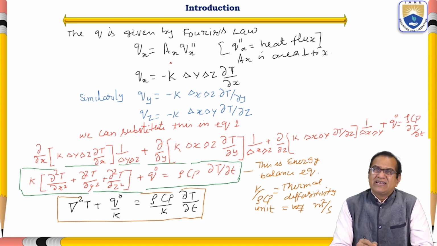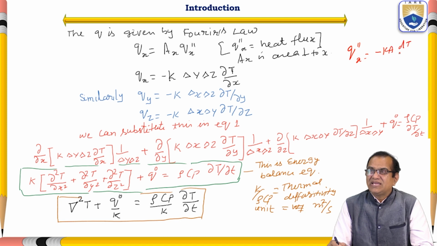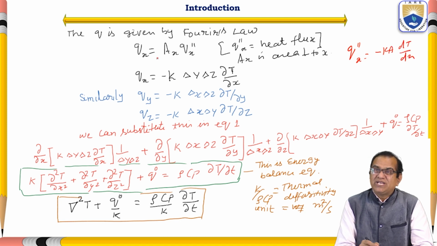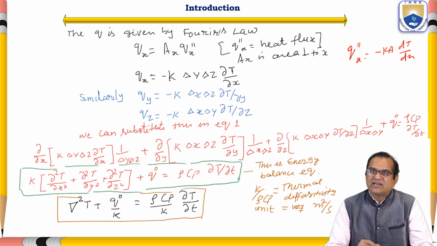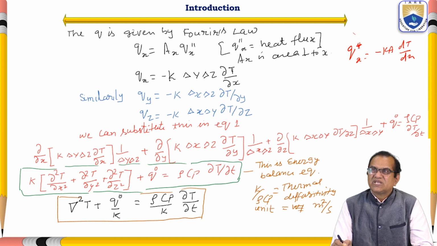So here we can write Qx is equal to minus K, area is delta y delta z, and Qx is equal to minus KA dT by dx. So here Q double prime is equal to minus K dT by dx.